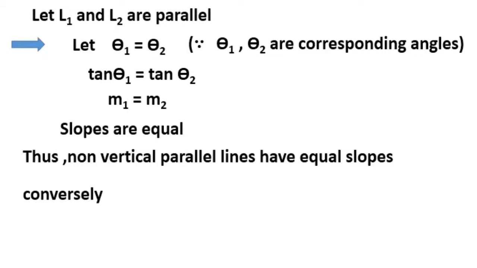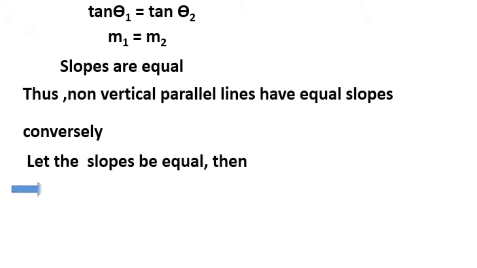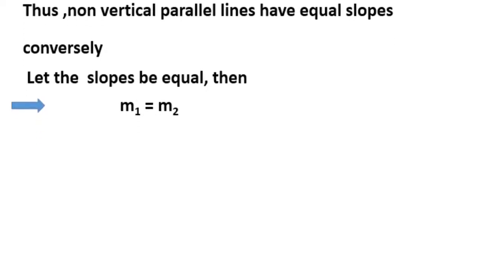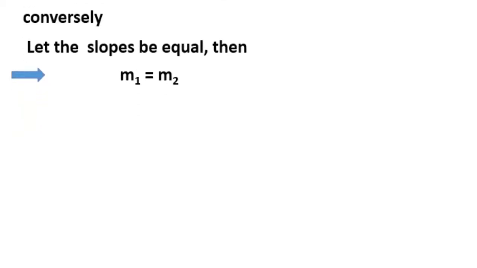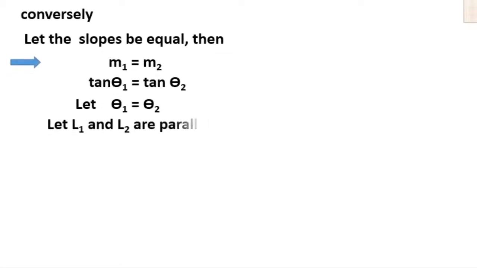Conversely, let the slopes be equal, then m1 is equal to m2, which implies tan theta 1 is equal to tan theta 2. Theta 1 is equal to theta 2. Corresponding angles are equal, so L1 and L2 are parallel.